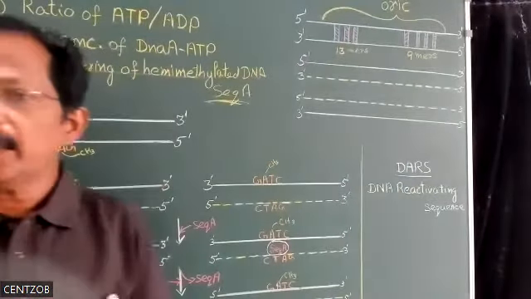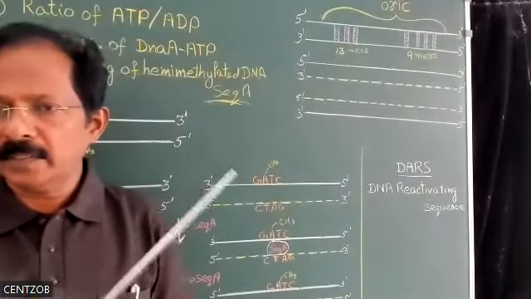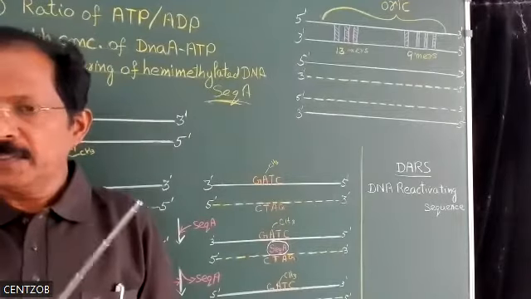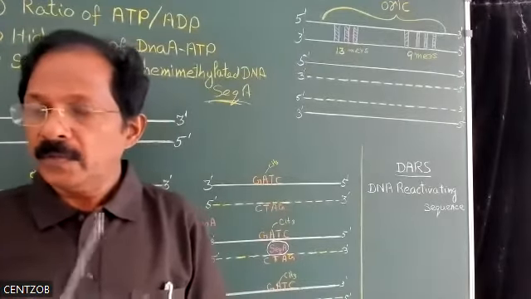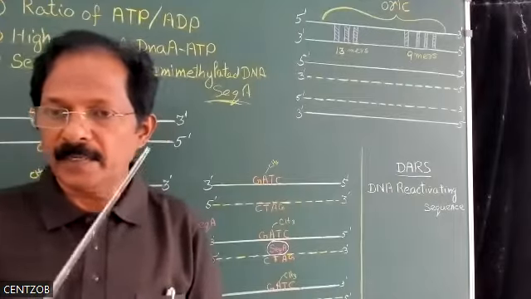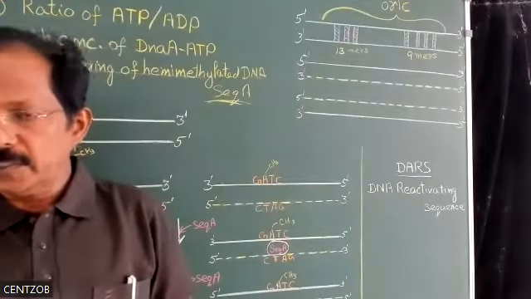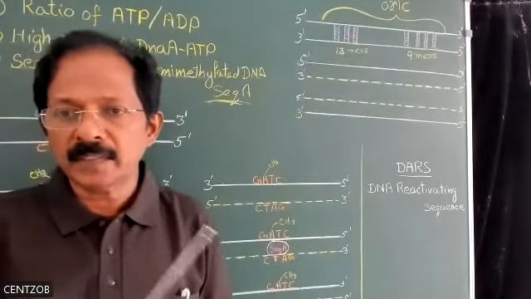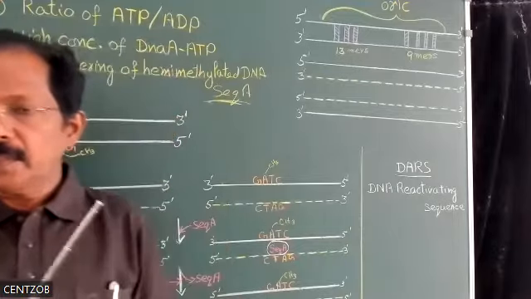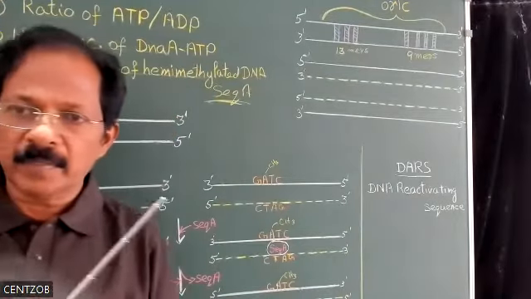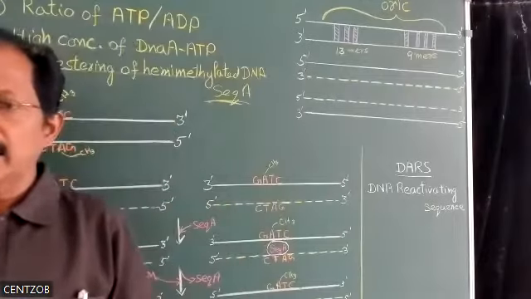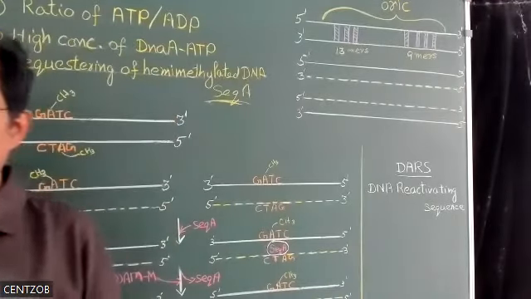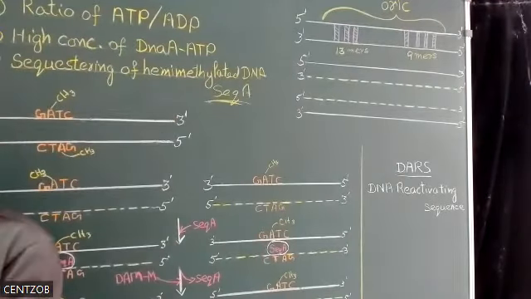For DnaA to bind to this origin of replication, which is the DnaA box, ATP is essential. Not only for DnaA, DnaB and DnaC also need ATP. DnaA is just to bind there, DnaB is the helicase, then DnaC is the loader of DnaB.